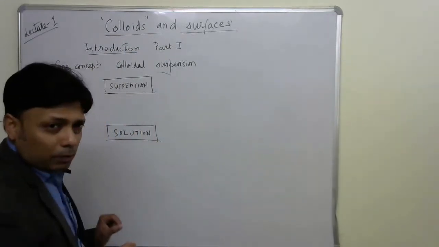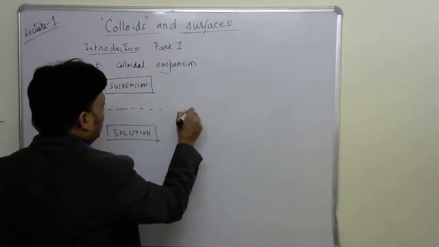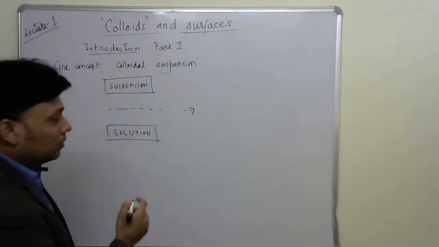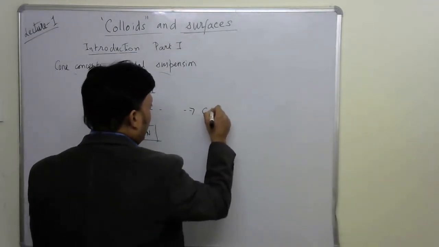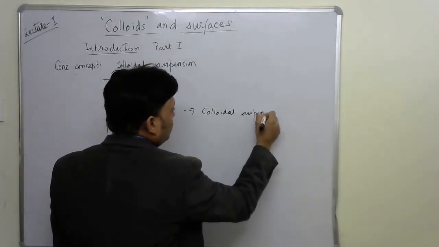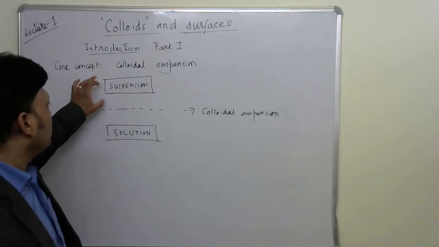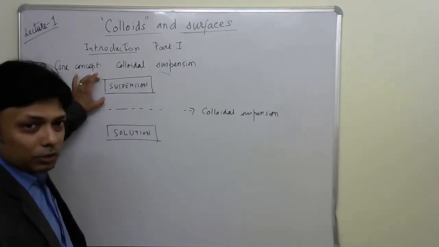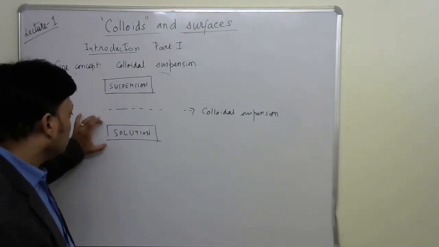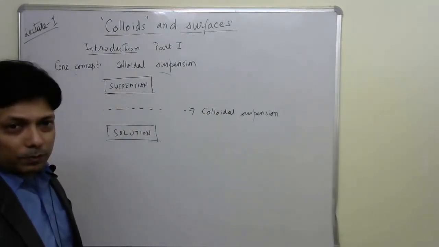With respect to these two extreme ends, there is something in between, and that we call a colloidal suspension. Remember, this colloidal suspension is neither an ordinary suspension or mixture, nor a simple pure solution. This is somewhat in between these two.